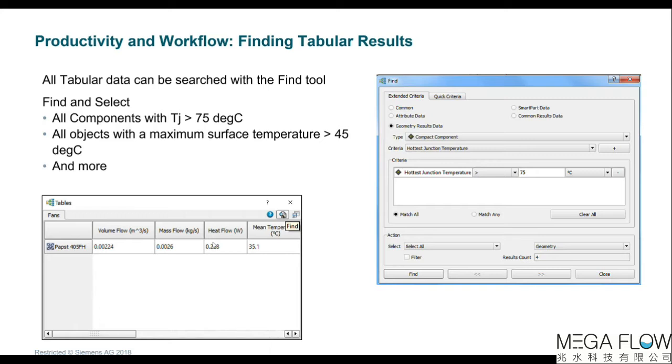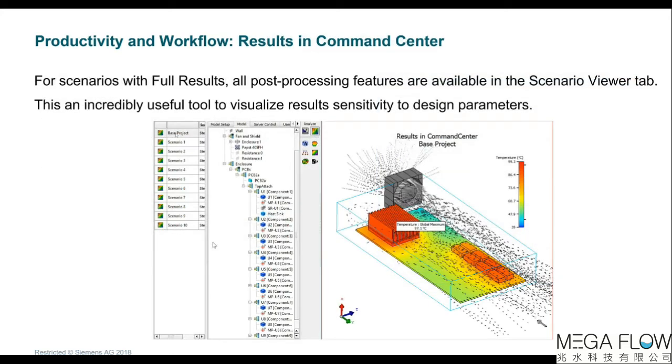Or you could use the find tool to find and select all objects that have a maximum surface temperature greater than 45 degrees Celsius. And there are many other examples of what you could do. So any type of tabular data can be built into a search query, which really streamlines the process to find interesting objects that have interesting results in your design.